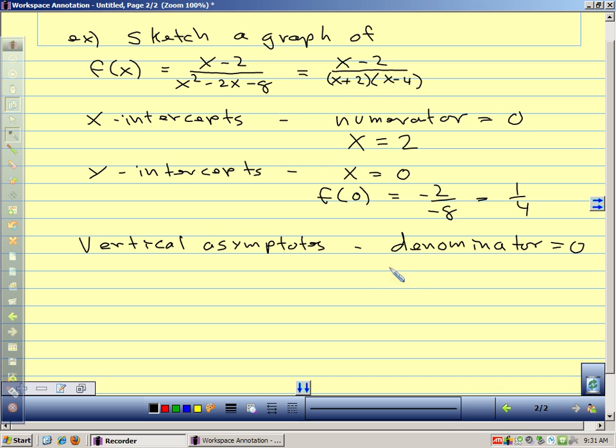Our denominator is going to be 0 at x equals -2 and x equals 4. So we're going to have two vertical asymptotes at -2 and at 4. Now, do either of those make our numerator 0 at the same time? We have to check that to make sure we don't have a hole. We check these, and neither of them makes the numerator 0, so I don't have a hole in this graph. And these are our vertical asymptotes.